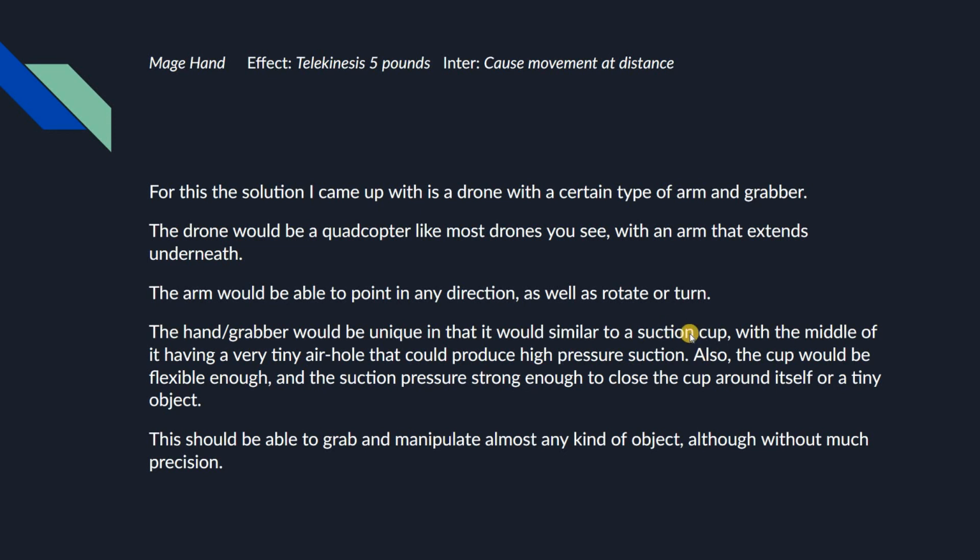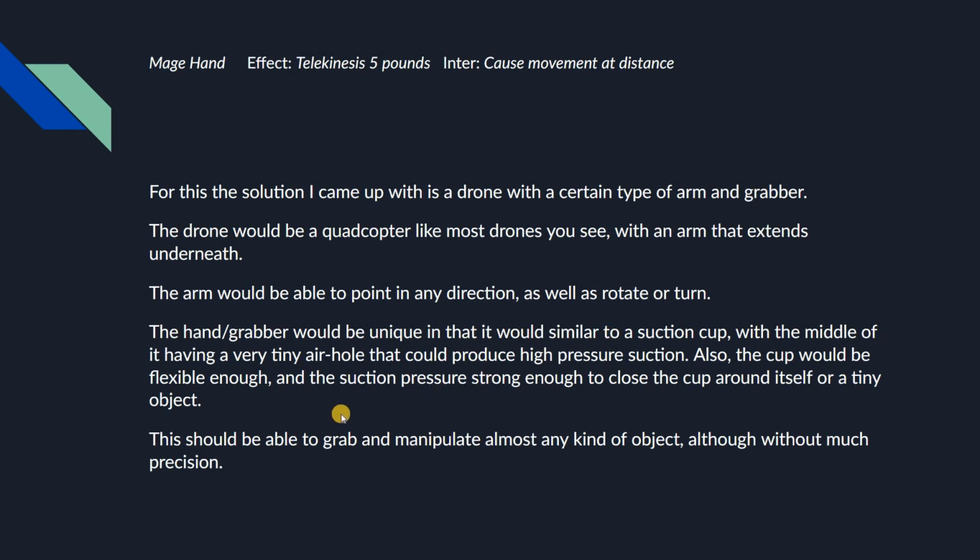So it looks like a suction cup, and it's rubber, but there's a tiny hole in the middle that sucks in, at high speed and high pressure. And the cup, rather than a hard suction cup, would be flexible enough that the cup will start to close itself due to the air suction.